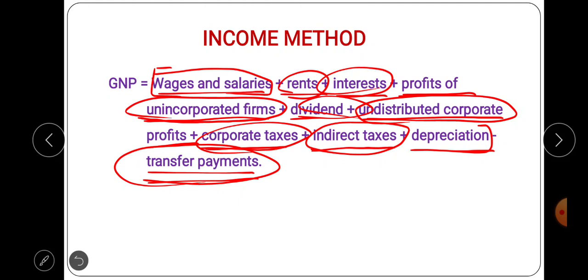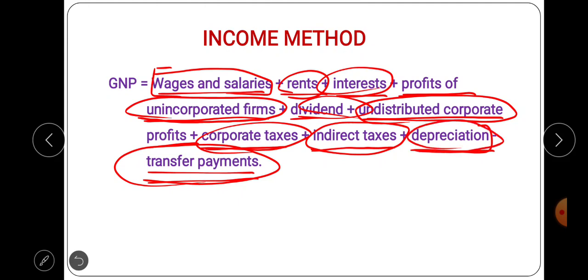In fact, the price per unit of a commodity includes these indirect taxes, but the revenue from these taxes gets credited to the government, but not to the factors of production. So the income derived through these sources should be added to the national income.